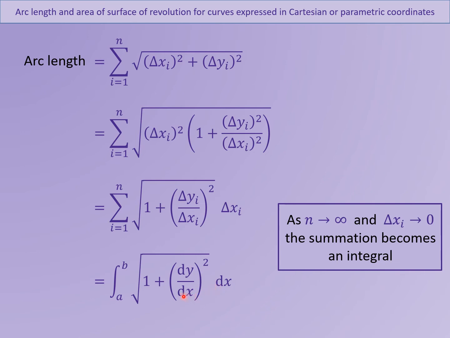They'll get very, very small. This bit gets replaced for the integration, because that is just a summation up to the limit. So therefore I get this formula just here. And this is the formula for the length of an arc.